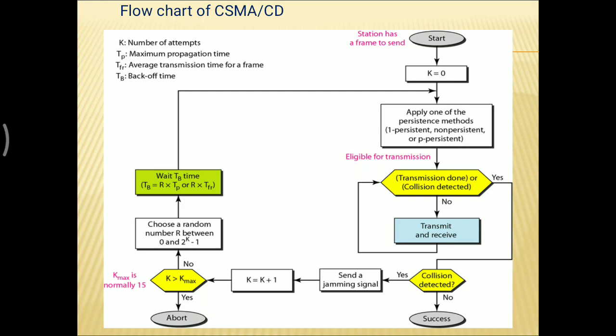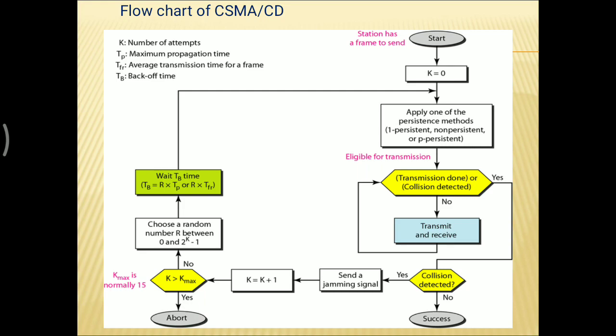CSMA/CD is also called a back-off algorithm. That means resensing a number of times for transmitting a frame to the transmission medium.